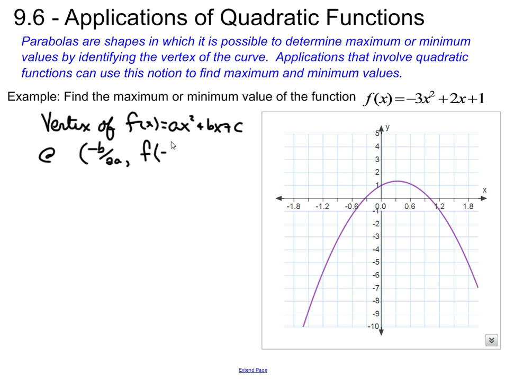So f of negative b over 2a. Now we could go through and we can also complete the square and any other number of items right here, but let's just go ahead and apply this formula to our function.